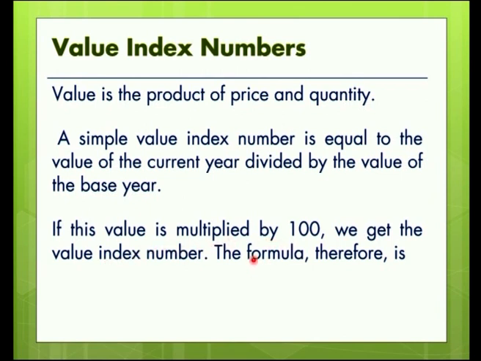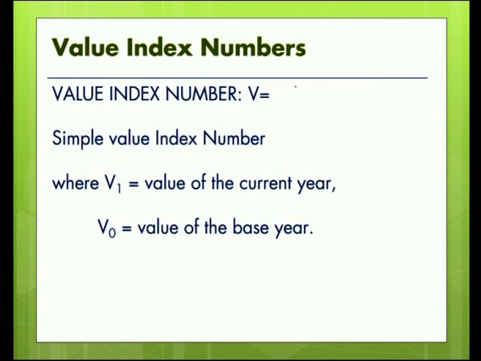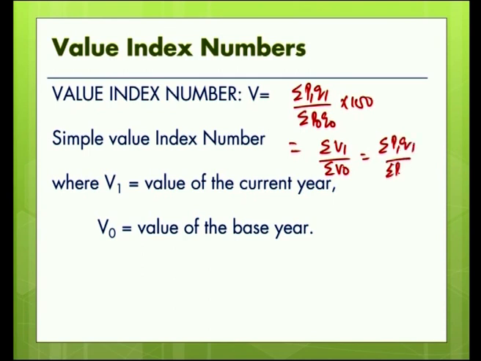So, the formula is therefore value index number is summation P1 Q1 by summation P0 Q0 into 100. And if you want a simple value index number, it is summation V1 by summation V0. V1 is nothing but summation P1 Q1, and summation V0 is nothing but summation P0 Q0.